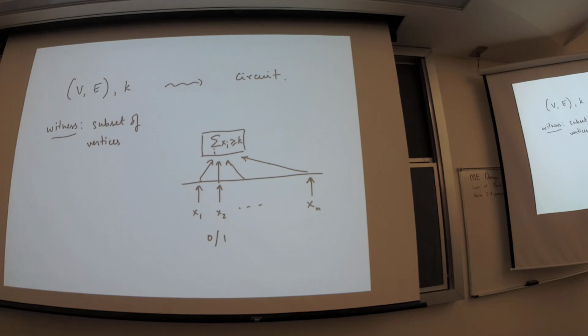Another piece does this thing where for every edge you have one block. Let's say this is edge ij. This has as input xi and xj.